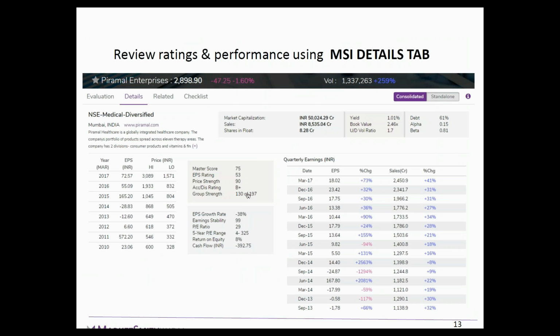At MarketSmith India, we have divided the groups into numerous subcategories. That is why it is basically 197 groups. Over here, we can find the group rank of that particular stock. If the stock's group rank is within 40, that is when we would like to take a position in the stock. Otherwise, we have to be a bit careful and look into the industry story, and that is when we have to take a new position.